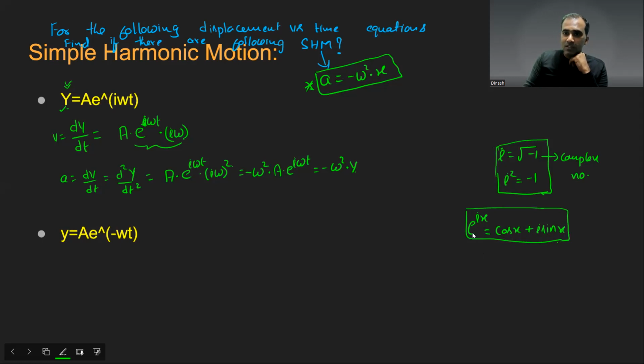So e power ix function internally, if you expand it, has both cos x and sin x. Whenever in the power there is i, it's like a sinusoidal function only. We call it a complex sinusoidal function. There are sinusoids inside e power ix. Complex sinusoids.